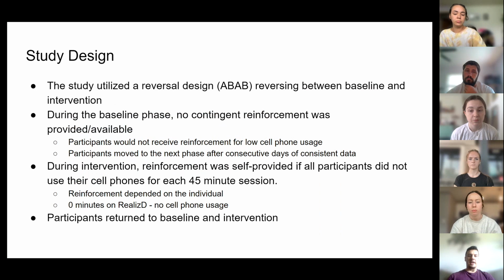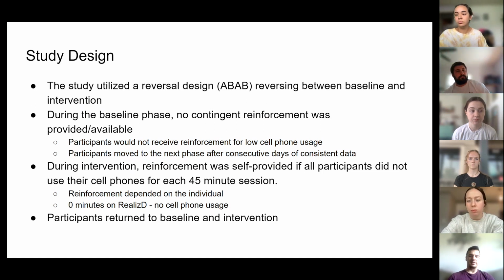The study utilized a reversal AB design, reversing between baseline and intervention phases for a total of 4 separate phases. During the baseline phase, no contingent reinforcement was provided and none was available. So essentially during this phase, participants could use a cell phone as they please during their study sessions.